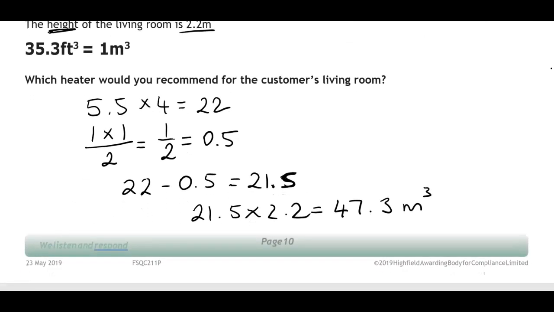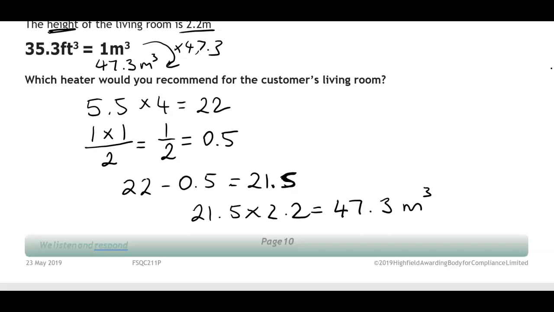So we know that 35.3 cubic feet equal 1 cubic meter. So what about 47.3 cubic meters? So to get from 1 to 47.3, we multiply by 47.3.